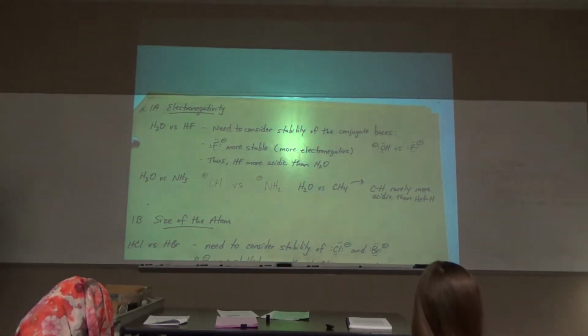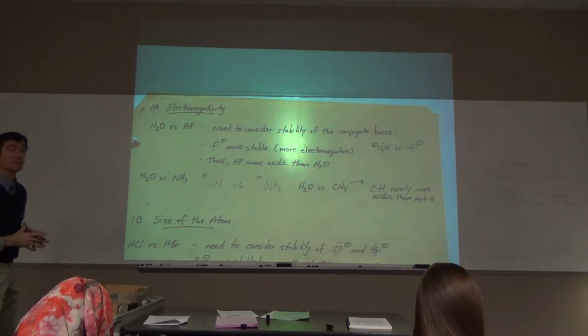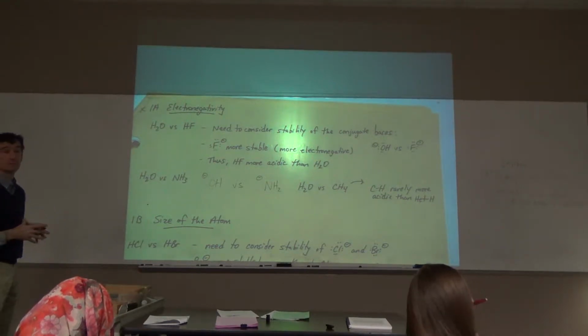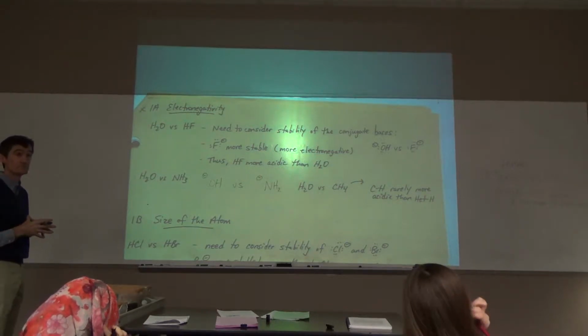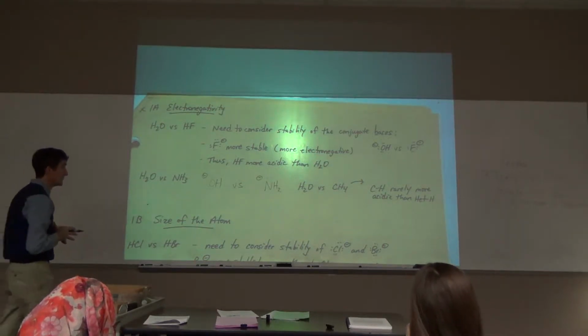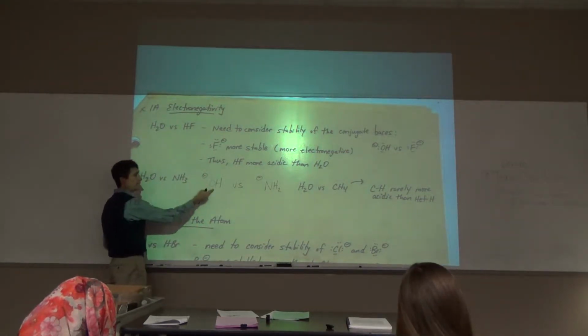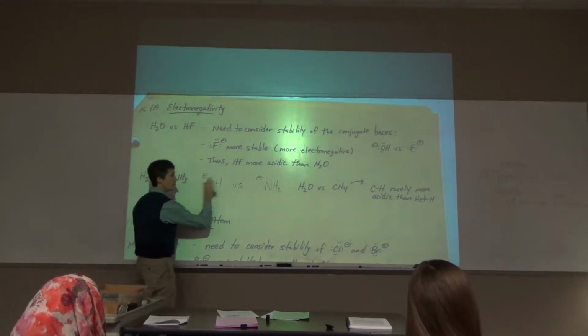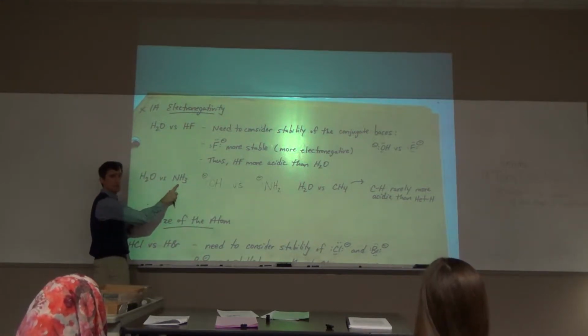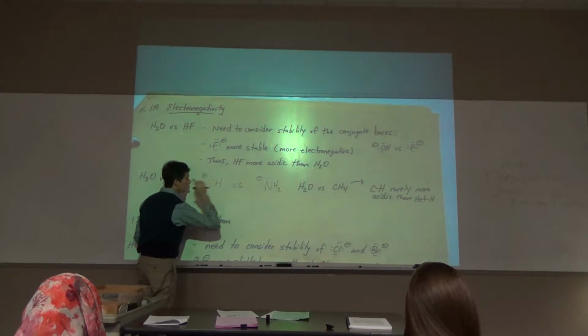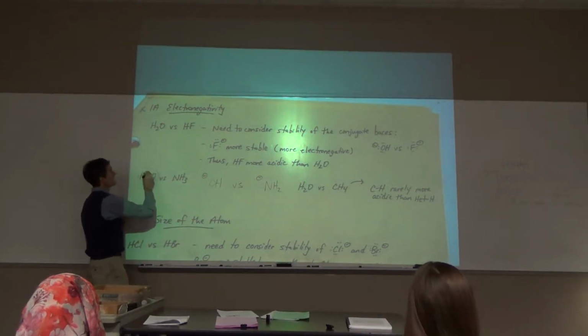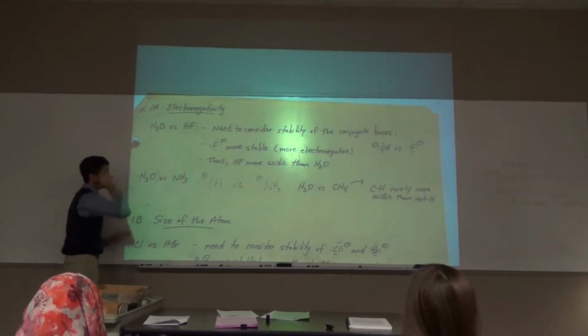O minus, because it's more electronegative. Oxygen handles or likes being minus more. And when we say like, that's stable. Thus, water is more likely to become the anion compared to ammonia. Ammonia doesn't want to give up an H plus and become the conjugate base compared to water. Water is more acidic. HF is more acidic than water.